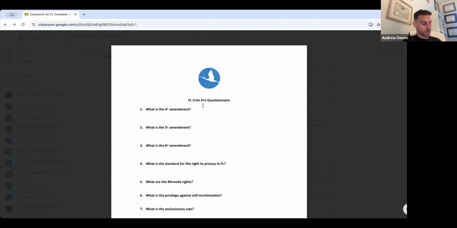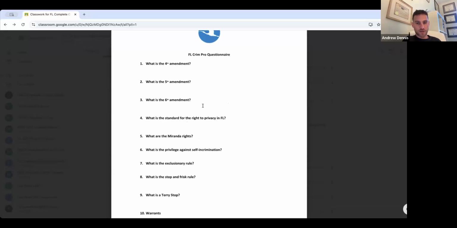Your Miranda rights are your right to counsel before adversarial proceedings have begun. And then the Sixth Amendment, as I said, is your right to counsel after adversarial proceedings have begun, your right of confrontation clause, right to confront witnesses, and the right to a speedy trial.